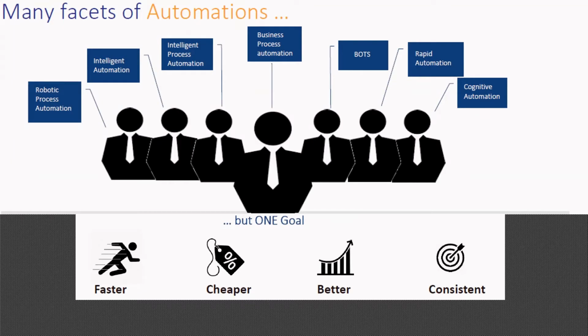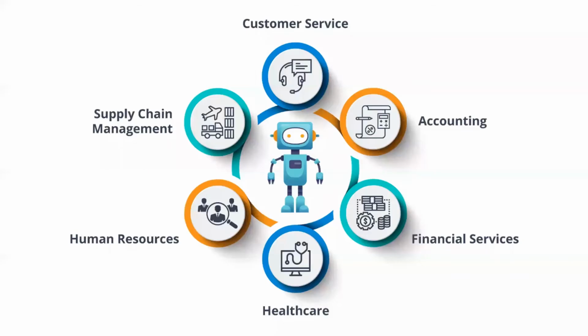But in the case of human beings, it's not like that. After 2 years, 3 years, our productivity actually comes down because we might not like the work, we might not like the manager, we might not like the team. Lots of reasons are there. So if you look from a company's perspective, they're able to get everything from this automation. The work is becoming faster, cheaper, better, and consistent.